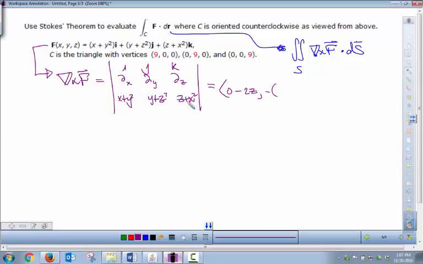The derivative of z plus x squared with respect to x minus the derivative of x plus y squared with respect to z. Kind of seeing a pattern here. And then the last one, the derivative of y plus z squared with respect to x, and then the derivative of x plus y squared with respect to y.